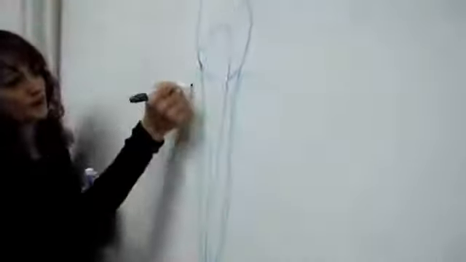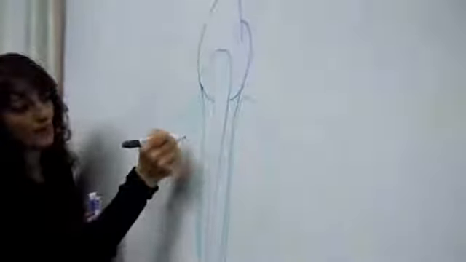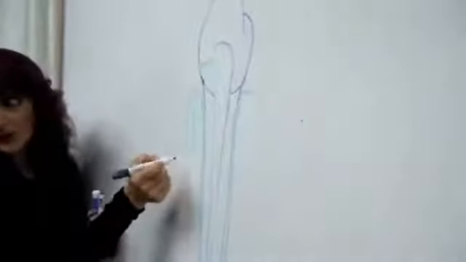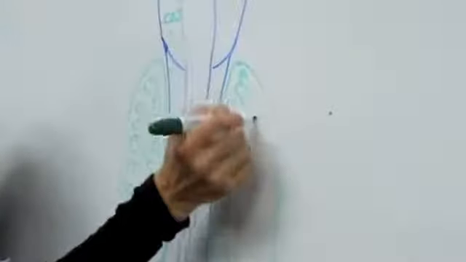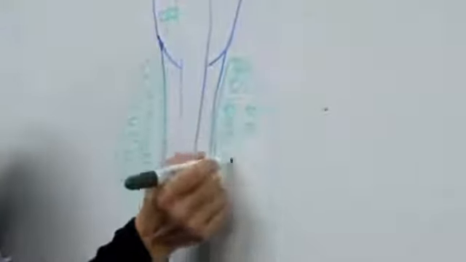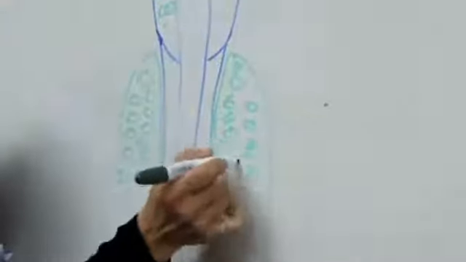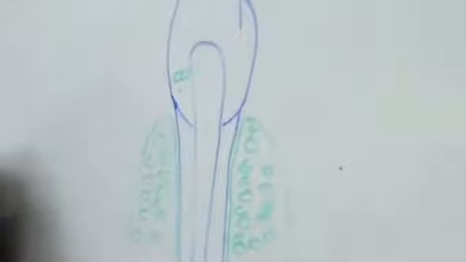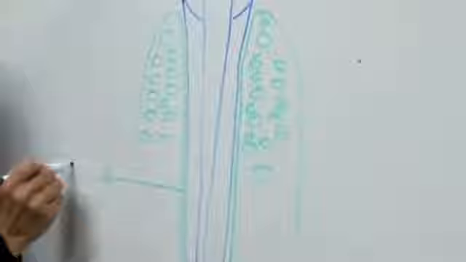Okay, there we go. And we're going to draw our little open spaces here, which are what? Cancellous bone. It's a spongy bone. The bone that lines the tooth socket is the lamina dura. So there's our lamina dura.